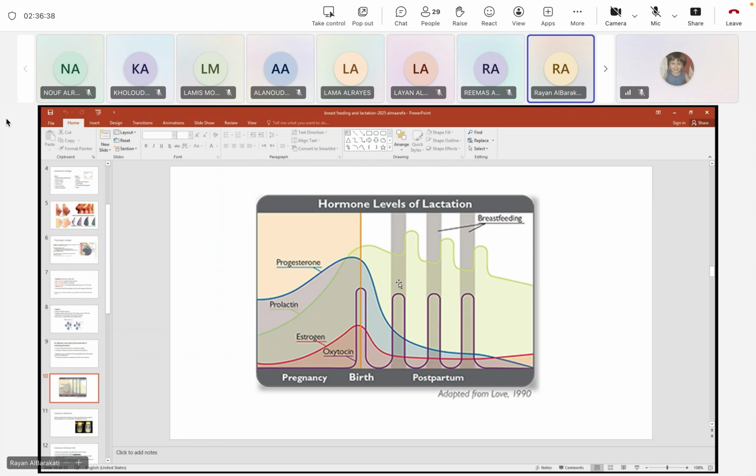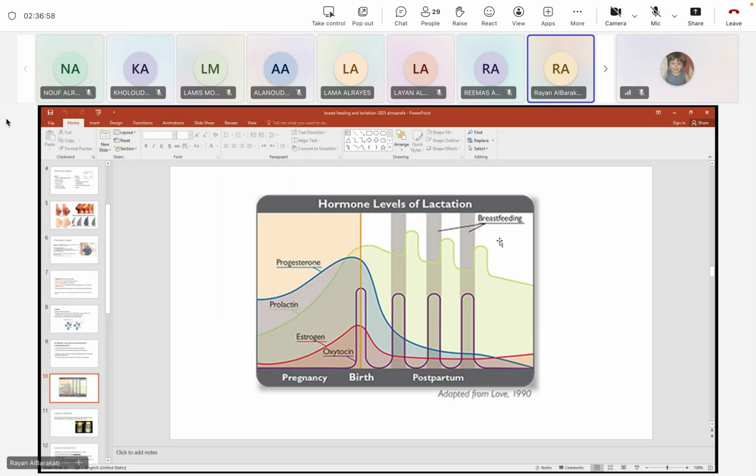As oxytocin is stimulated by suckling, it will drive the production of prolactin, and the prolactin will produce the milk. So the more the baby needs milk, the more it will produce. The contraction will increase, and the production will increase, and it will follow.